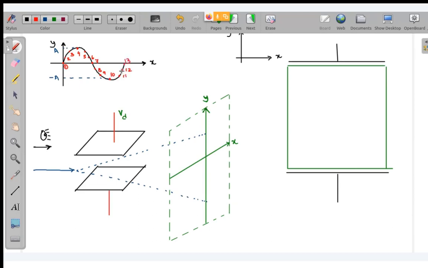So what will happen? See, this is the y-axis, this is the x-axis.